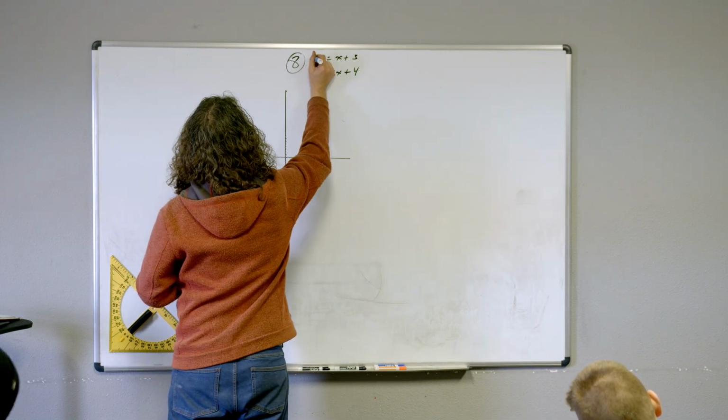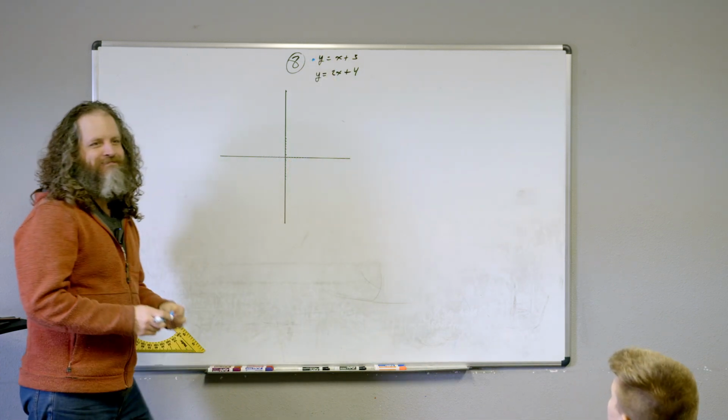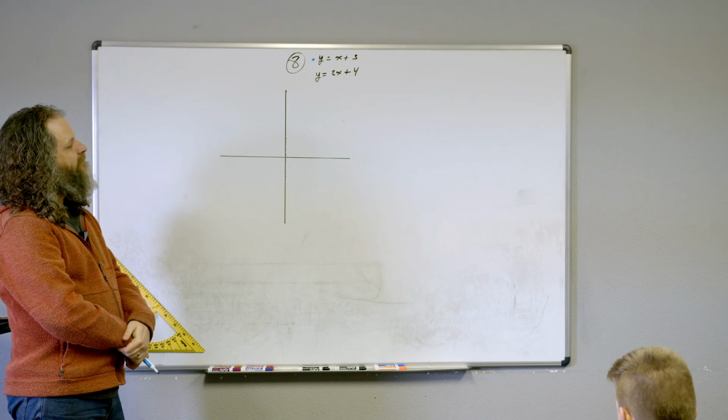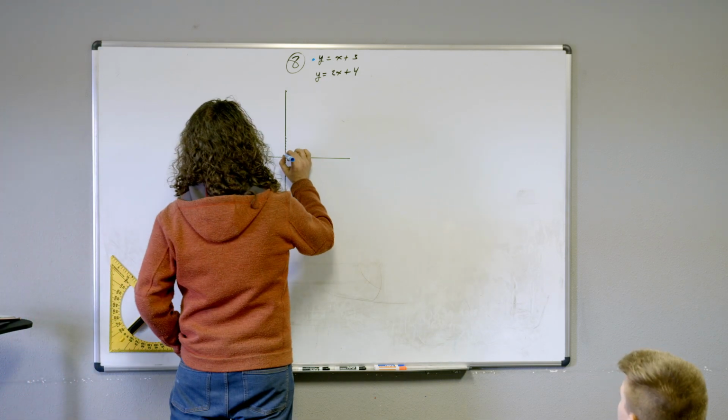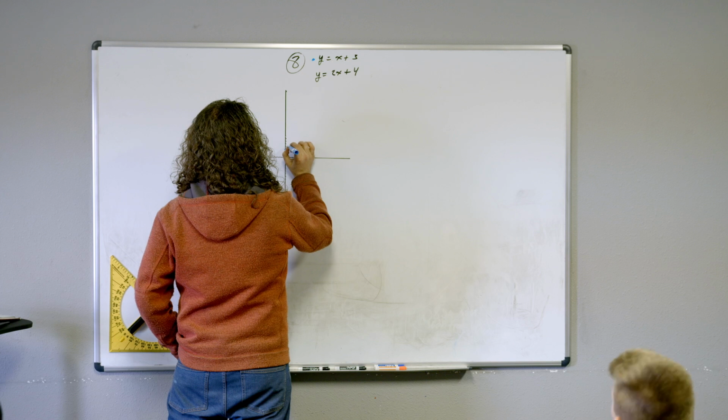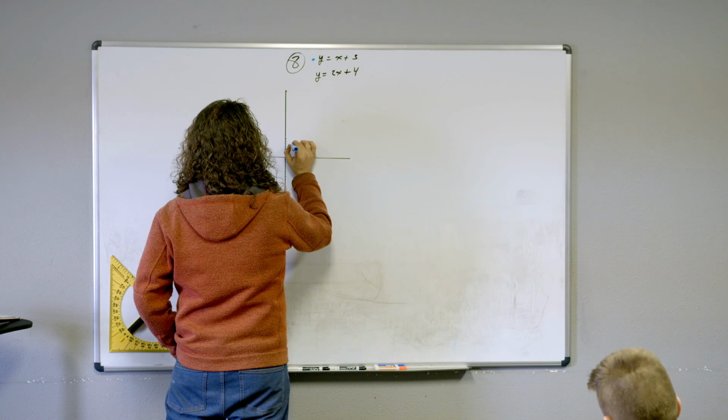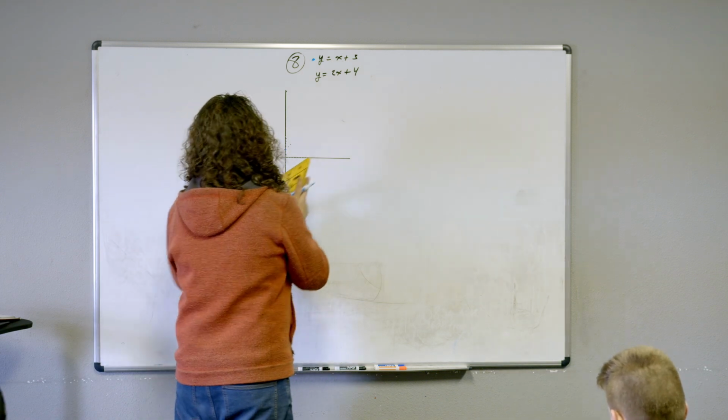Okay, so to graph the blue one, what do we do? Start at 3. 1, 2, 3. Up 1 over 1. Great. Connect the dots.